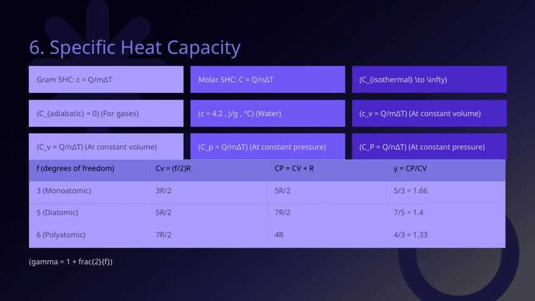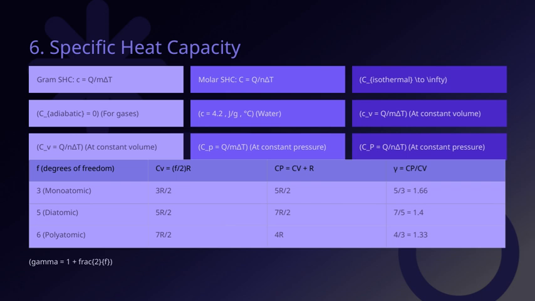Now, an interesting point here is the concept of the isothermal process, where the temperature stays constant. In that case, the molar heat capacity approaches infinity because no heat is needed to change temperature, since there's no temperature change. Next, let's look at the ratio gamma, which is the ratio of specific heats, expressed as gamma equals 1 plus 2 divided by F, where F is the degrees of freedom of the molecule.